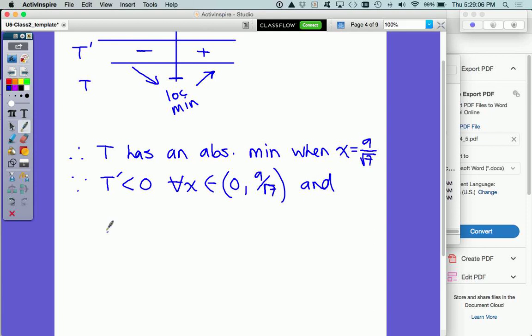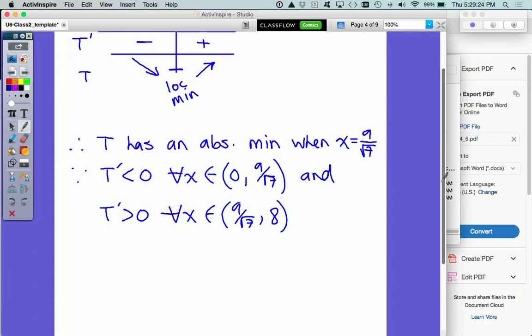And likewise, t prime is greater than 0, which means that t is increasing for all values of x from my critical value at 9 over radical 7 to my endpoint at 8.